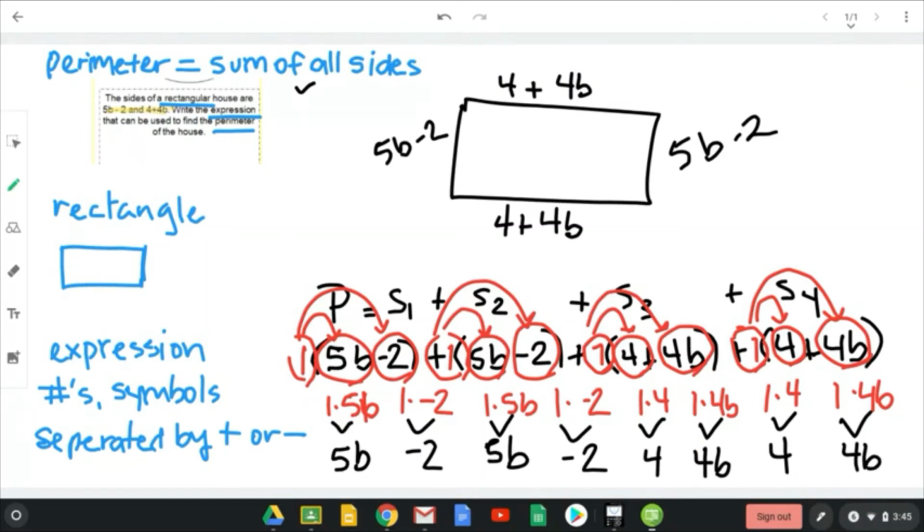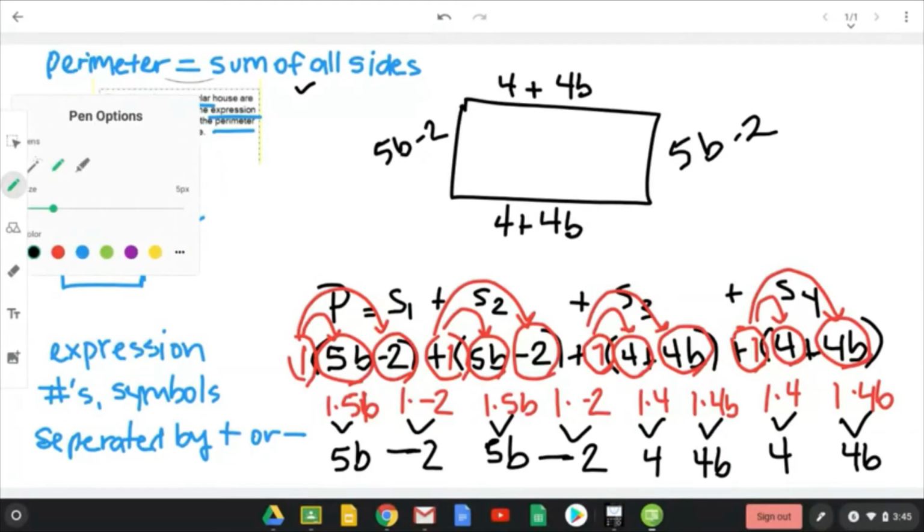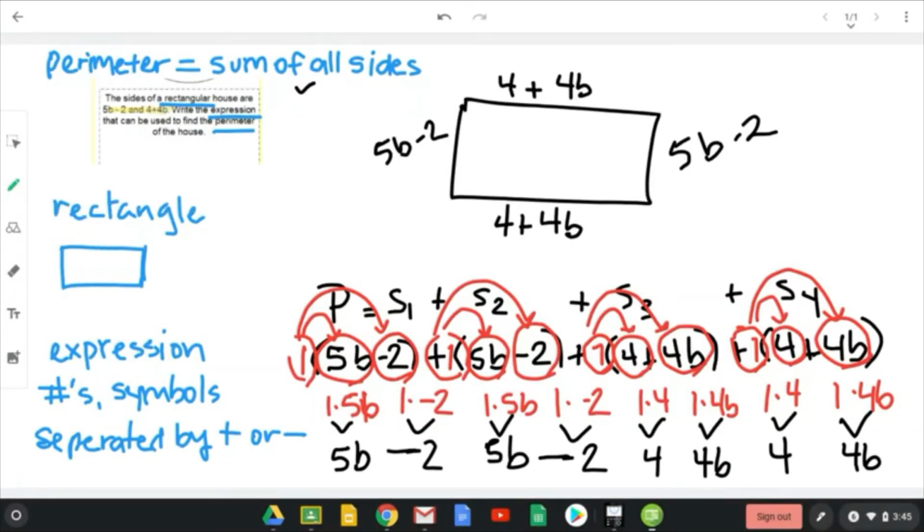Now, in order for this to be an expression, I should have a plus sign or a minus sign between each term. Notice that some of my terms here are already negative, which also serves as a subtraction sign. So I don't need symbols there. Everything else is positive so I can add plus signs. If something is positive, you put a plus sign in between. If something is negative, that serves as your minus sign.